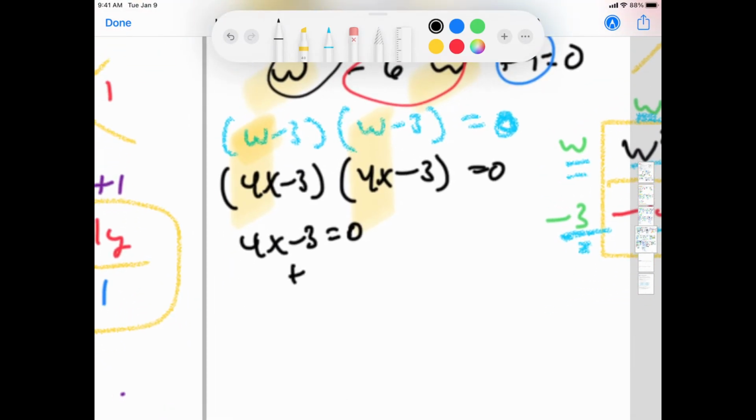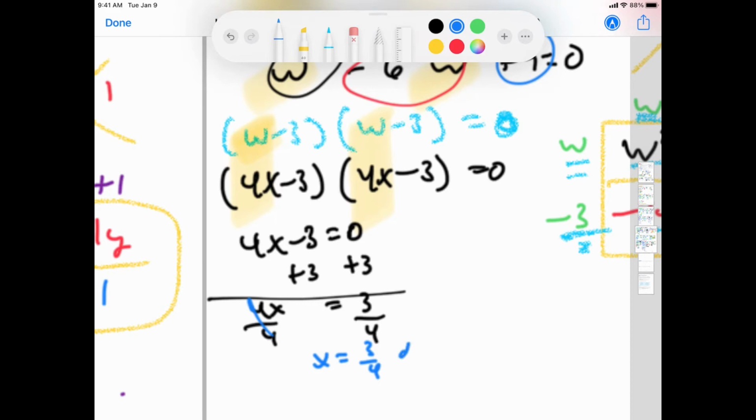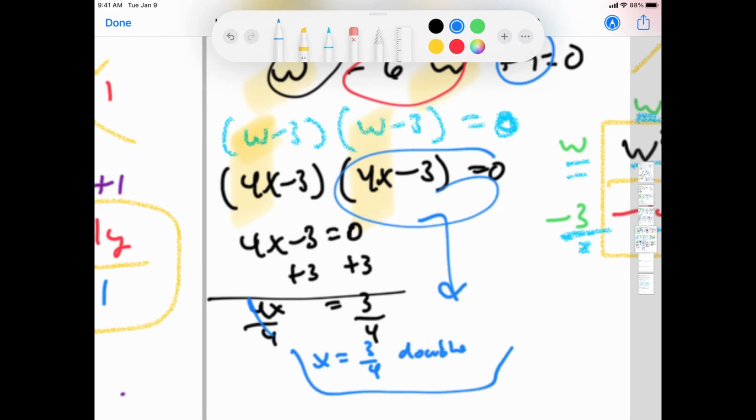Solve, add 3 to both sides, divide by 4, careful, x equals 3/4. Double. Why is it double? Because you're basically doing the same thing again over here.